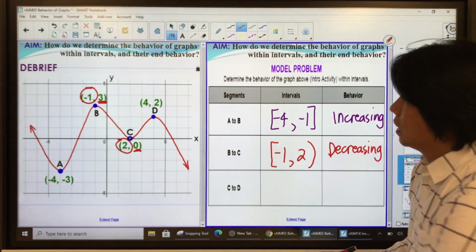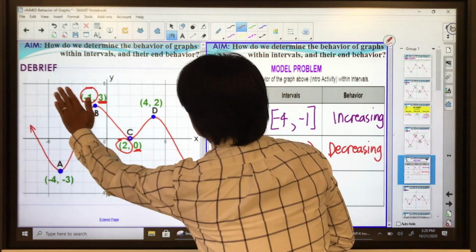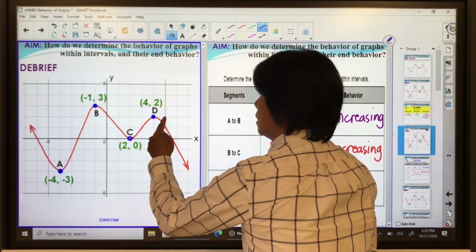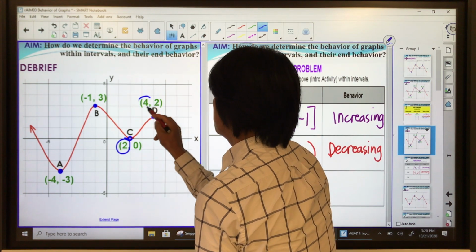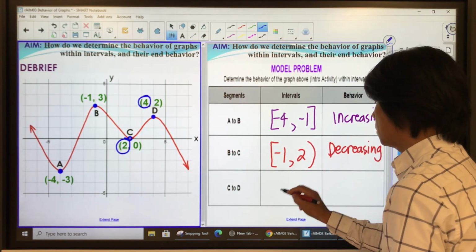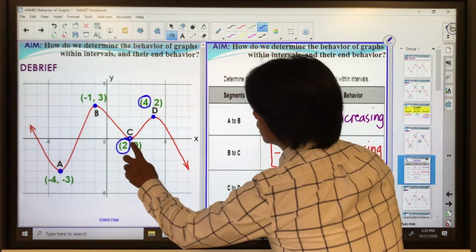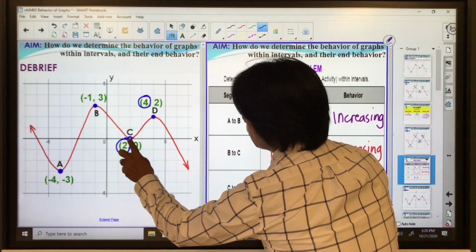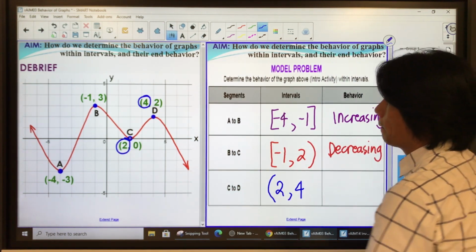Alright, now let's have C to D. Let's clear this up. Let's read from left to right. C to D. So our values of x are +2 and +4. I'm going to write down +2, comma, +4. Again, going back to the kind of circles or points you have, this is an open circle. That means I'm going to use a parenthesis here.